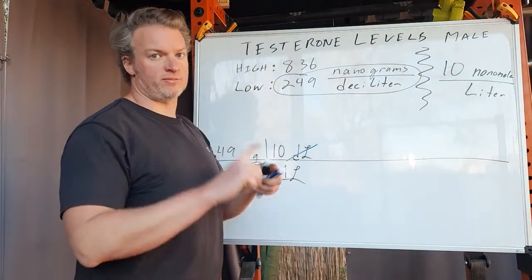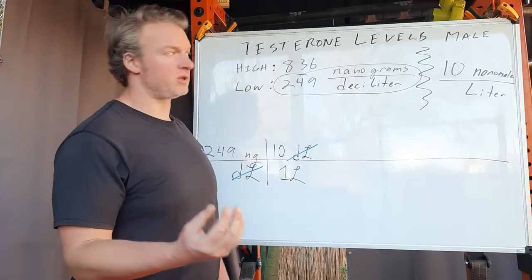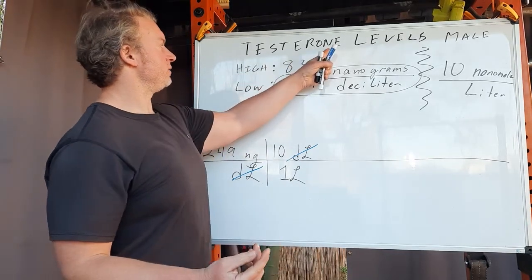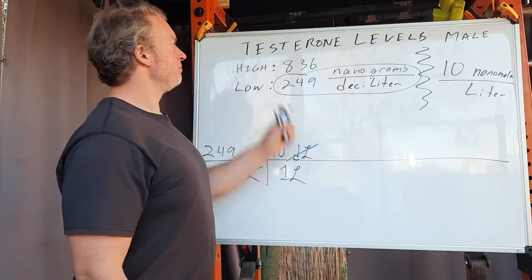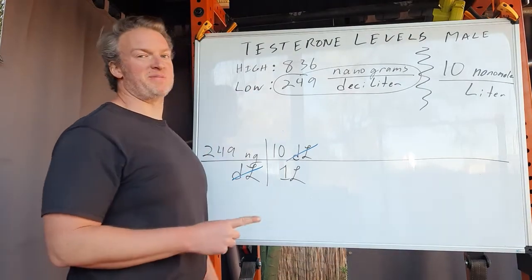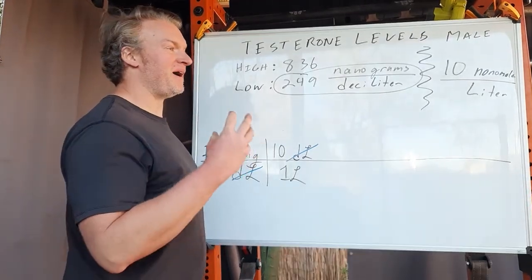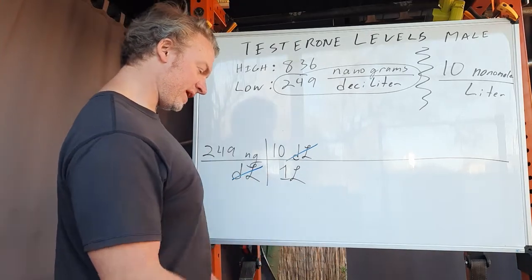So grams to mole: a unit that contains both grams and moles is our molecular weight. Because we're talking about the molecule testosterone, it has the formula C19H28O2.